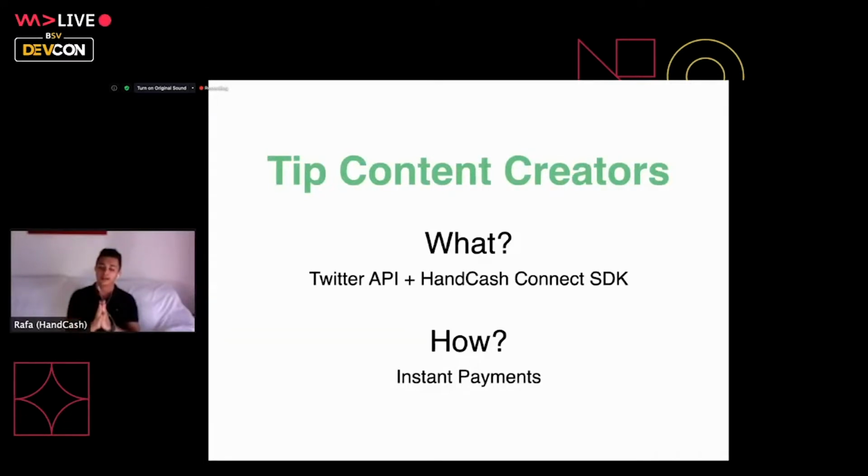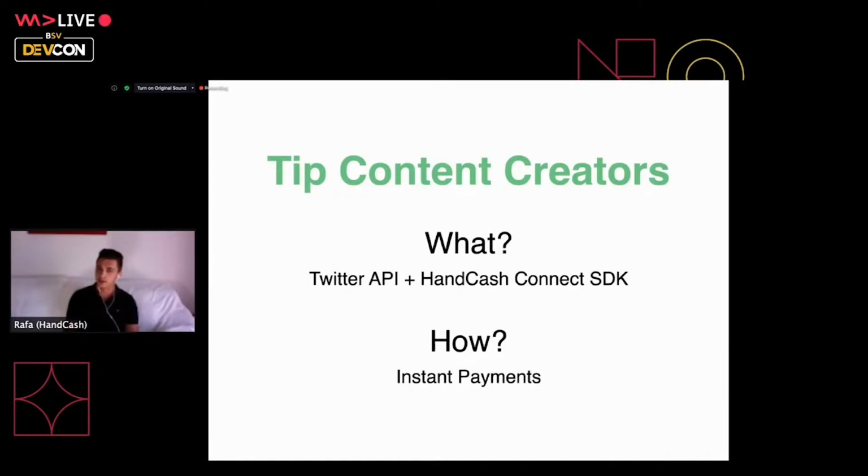So you can create a Twitter clone app and add the ability to tip the content creator. I mean, we don't want to replace Twitter. We don't want to do anything. We just want to run this experiment of, hey, if both people have HandCash and I appreciate your content, maybe I can just tip you a few cents.